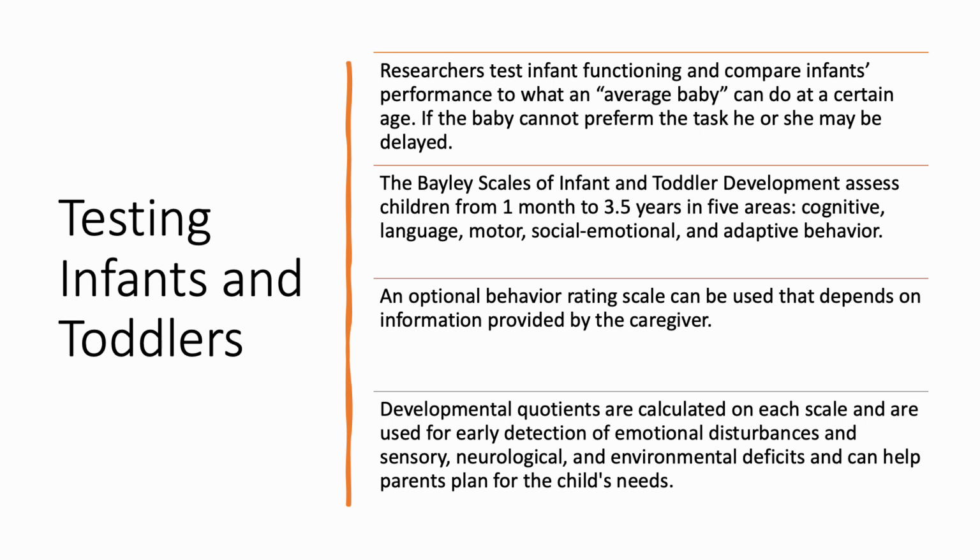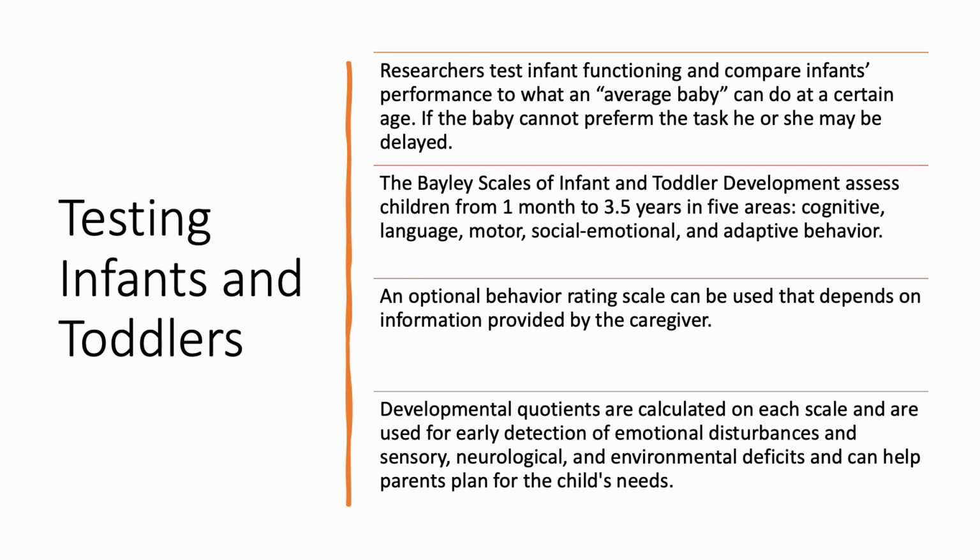The Bayley Scales of Infant and Toddler Development assess children from 1 to 3.5 years in 5 areas: cognitive, language, motor, social-emotional, and adaptive behavior. An optional behavior rating scale can be used that depends on information that's provided only by the caregivers.